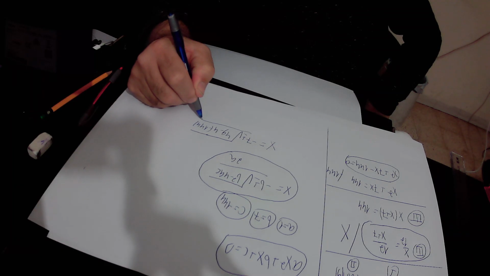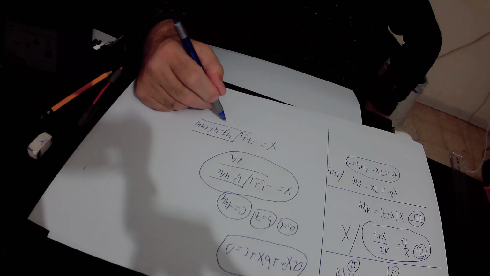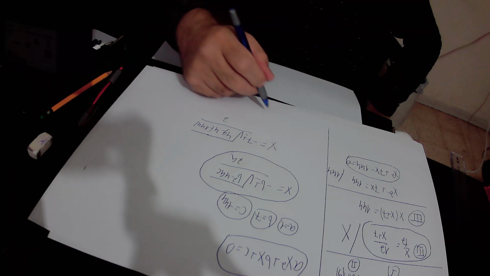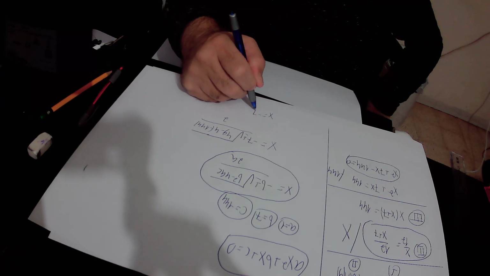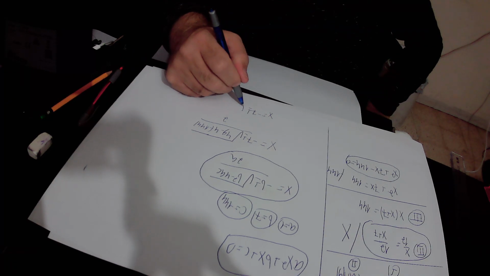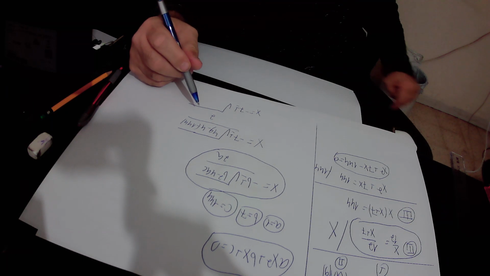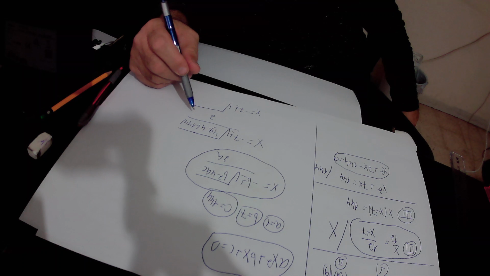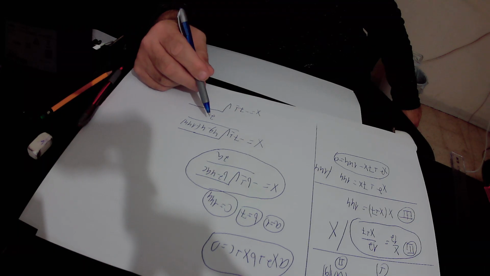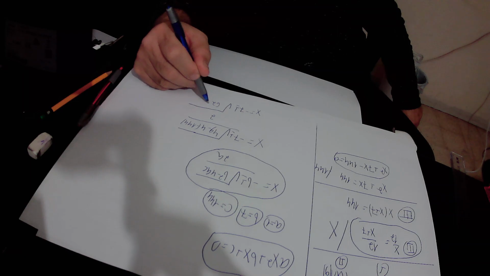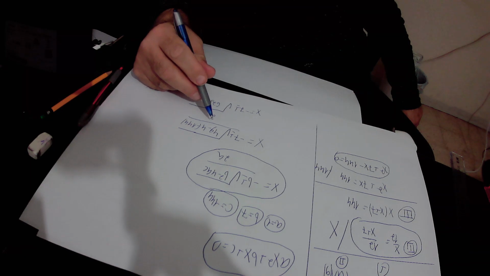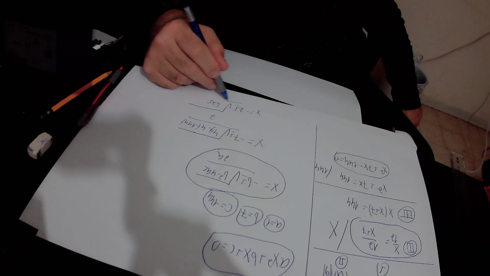A is 1, so 2a is 2 times 1, that is 2. So x equals minus 7 plus minus the square root of 49 minus 4 times minus 144, which is plus 576. In total it is equal to 625. So inside the root we are left with only 625, over 2.